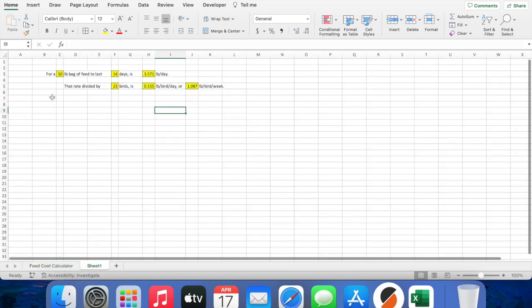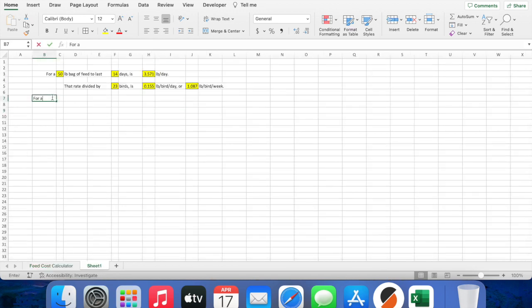Then we're going to do the cost calculation. I'll do the same as above, 50-pound bag of feed to cost. Leave a space to put in the price, and leave open cell H for another computation. We'll come out with dollars per pound.